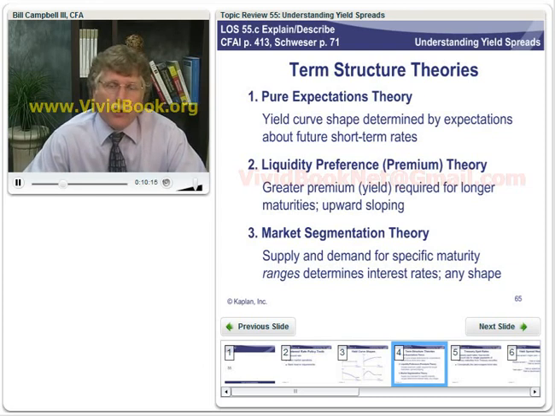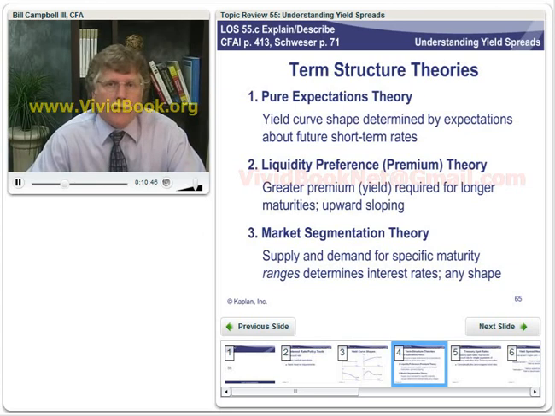But if you want to move them from one maturity to another, then you have to pay a premium. So if they want 5 years, they would accept a lower yield. But if you want them to go to either a 4-year maturity or a 6-year maturity, and they only want 5, they would say, no, if you want to push us one way or the other, you're going to have to pay us a little extra yield to get us out of the segment that we want.